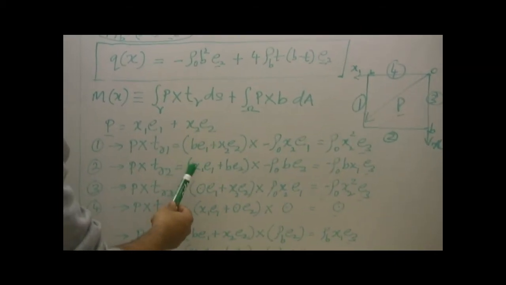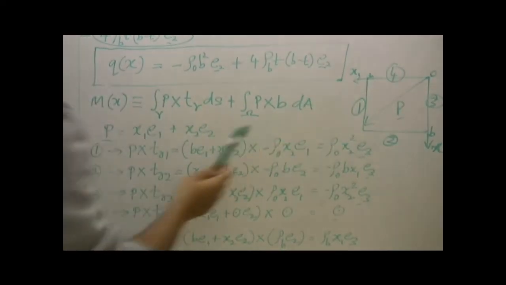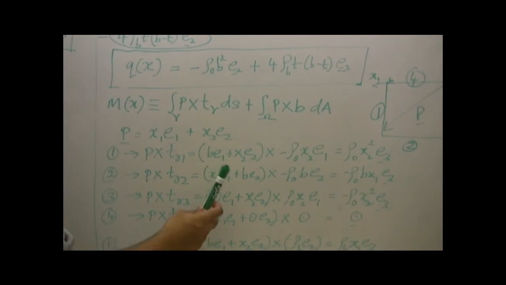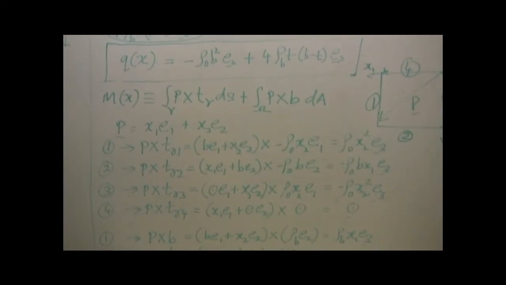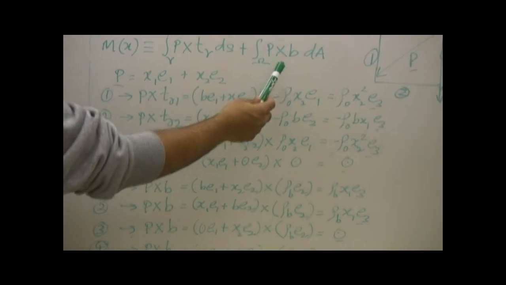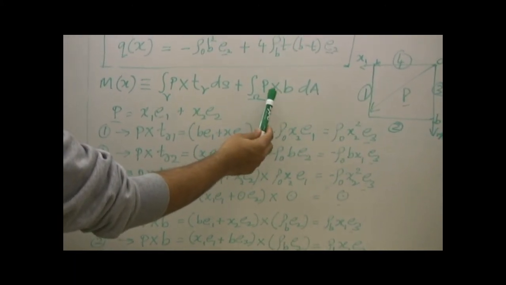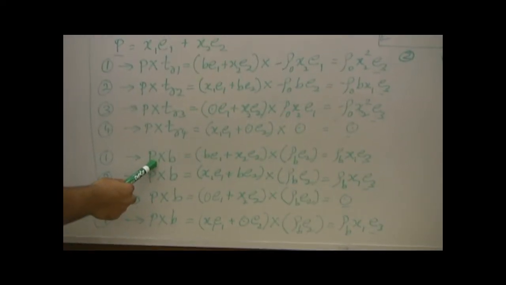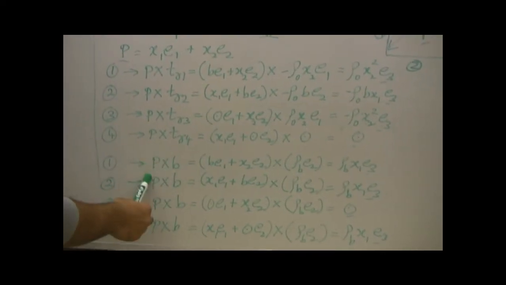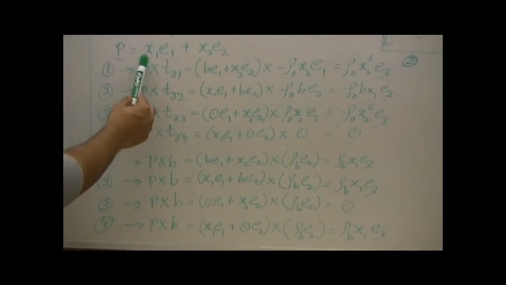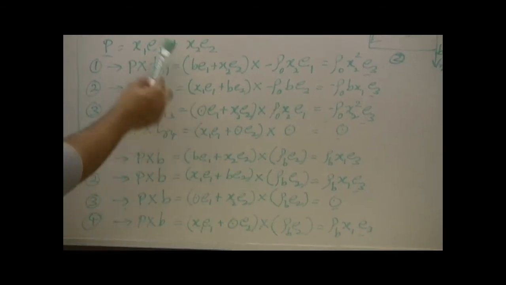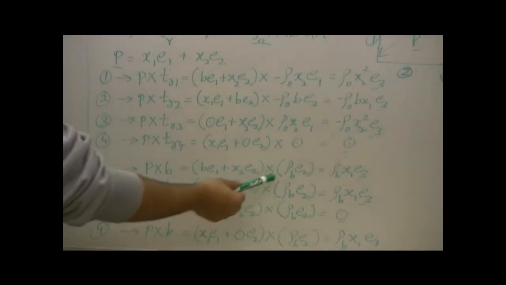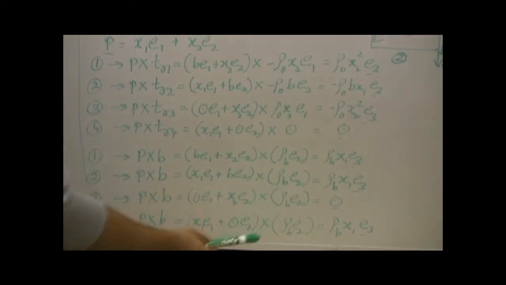Similarly, we find the position vectors for surfaces 2, 3, and 4, which are displayed here, and we get the following results. Now, the second part of our solution is the position vector times the body force over the area. So our P cross b will be, again, we have defined the P on each surface in our part 1 solution as seen here, and our body force, as defined earlier, was rho B e2 in the direction e2.